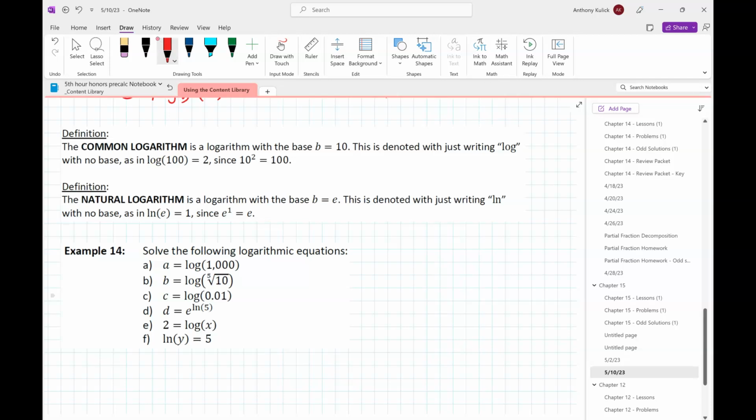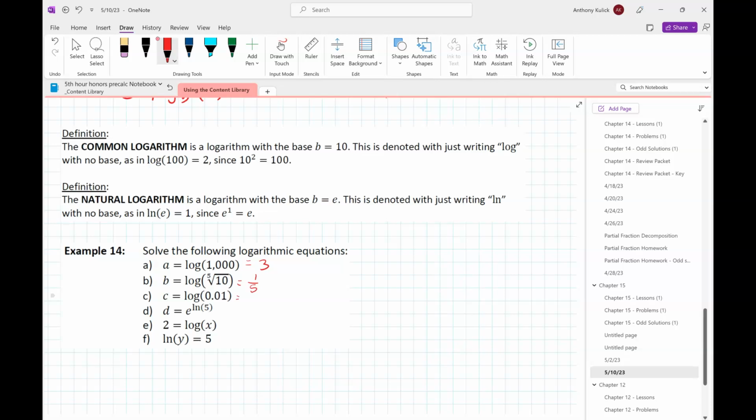All right, first one should be, can we do this in our head? Braden says 3, that's correct, because 1,000 is just 10 to the third. The next one should be 1/5, because the 5th root of 10 is just 10 to the 1/5.